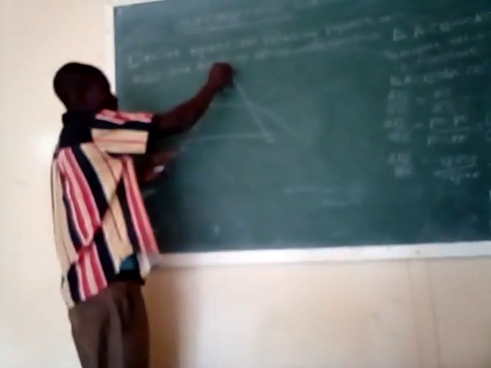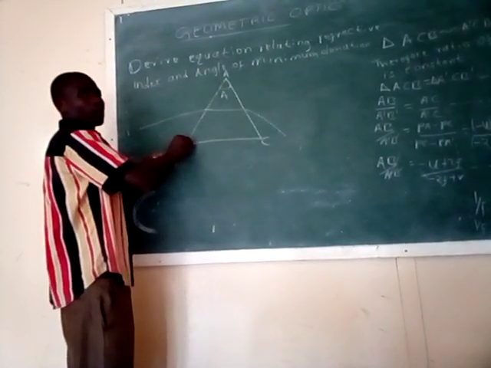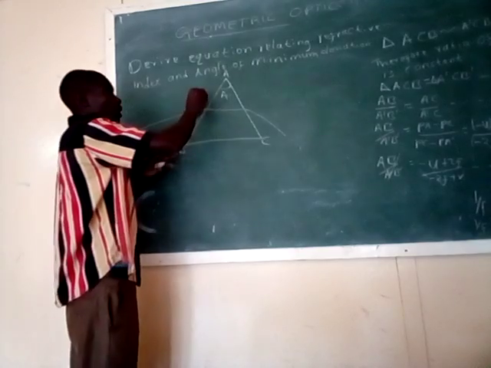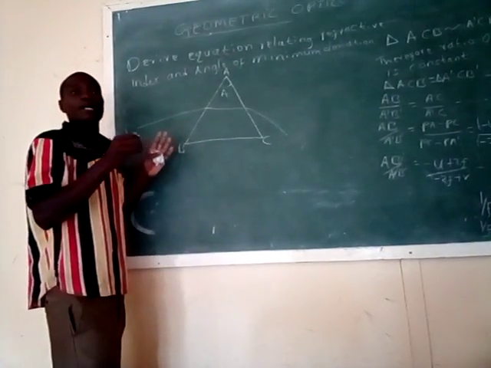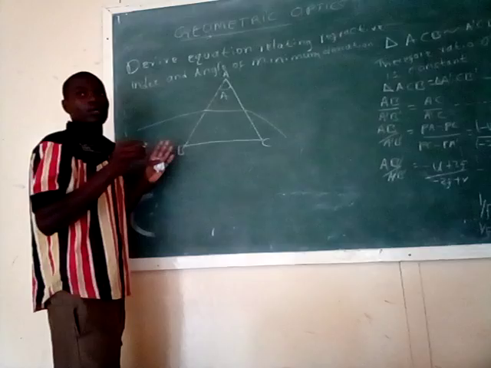Take this one as our first surface, and we can draw a normal. The normal cuts the surface at what angle? 90 degrees.